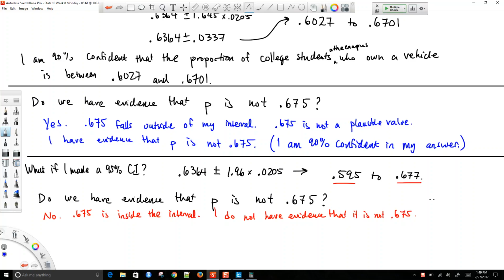If the bar for making a conclusion gets raised, then you might have a harder time making certain conclusions. So I do not have evidence that it is not 0.675, because I'm more confident in my answer. We have to give a more wishy-washy answer if we're going to be more confident in our responses.